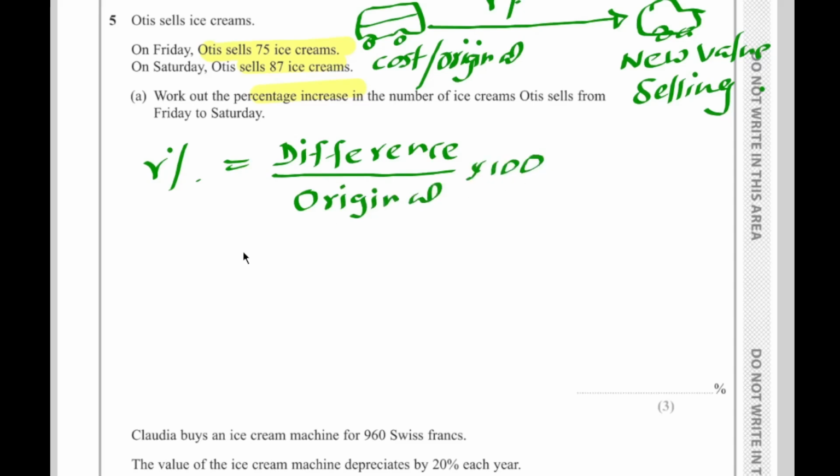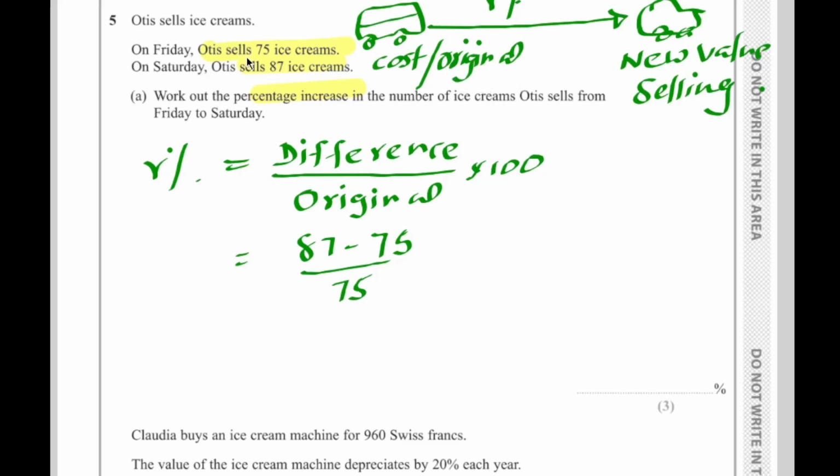So let's substitute. What is the difference? 87 minus 75. Why? On Friday, artist sells 75 ice creams. On Saturday, artist sells 87 ice creams. So originally, he sold 75 ice creams. Then original value, 75. Initial value. You can write here initial value as well for the cost.